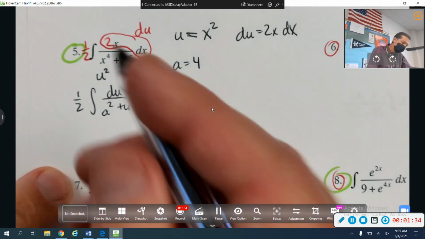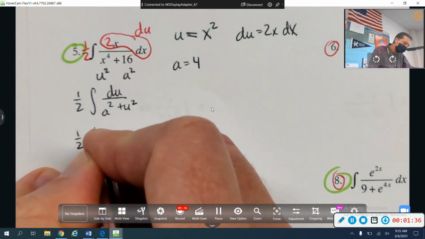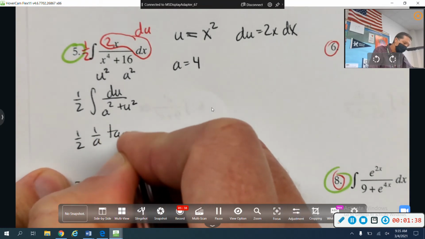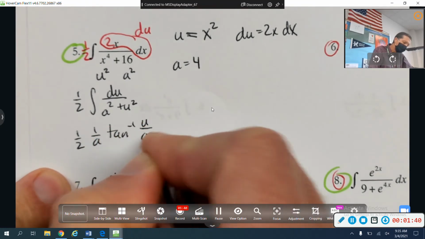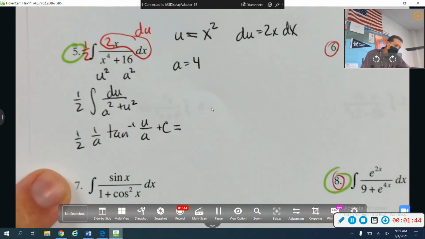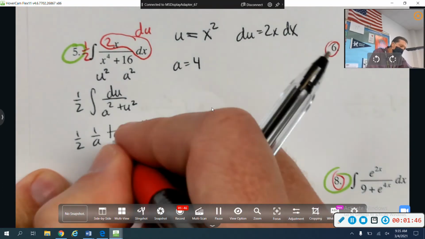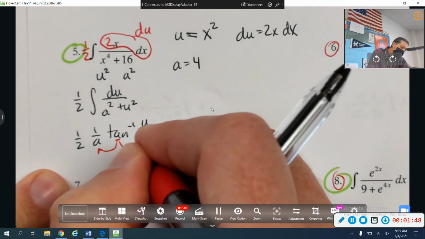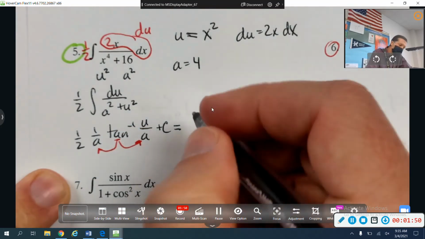All right, so that's 1/2, 1 over a, inverse tangent of u over a plus c, but I need to plug in u and a. Remember, tangent has the extra a in the word, so it has the extra a out front.